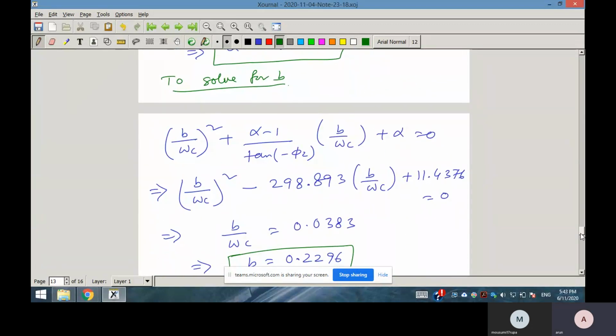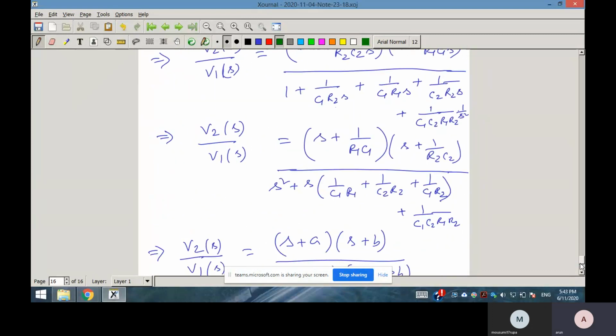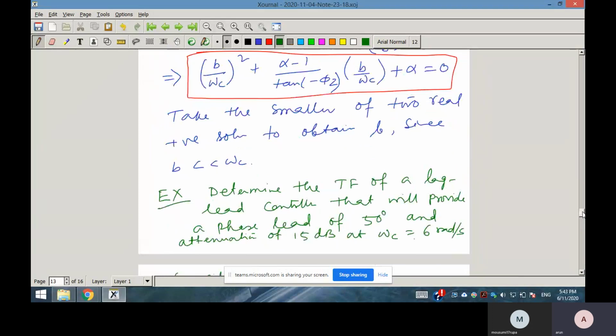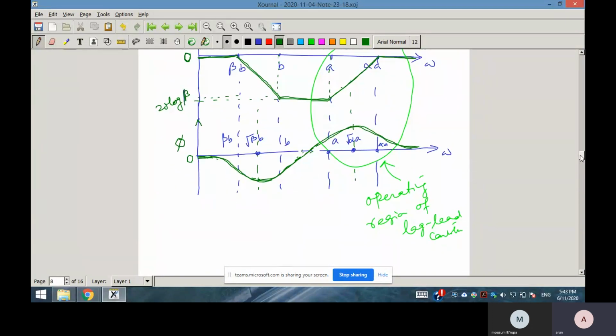So lag controller, lead controller, as I said, all controller design here, lag lead controller design objective is same. That means three specifications we have to meet.